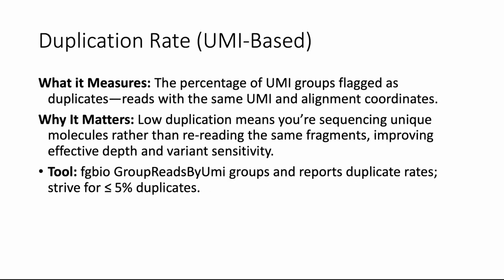Duplication rate will correspond to the percentage of UMI groups flagged as duplicates, and if we have low duplication, this will mean that we're sequencing unique molecules rather than amplified fragments of one molecule which was in the initial sample.